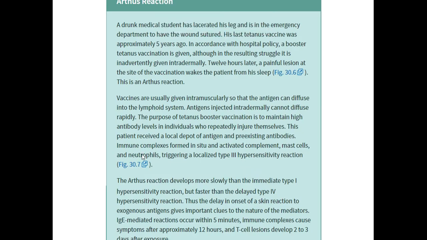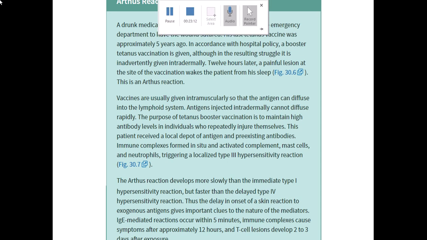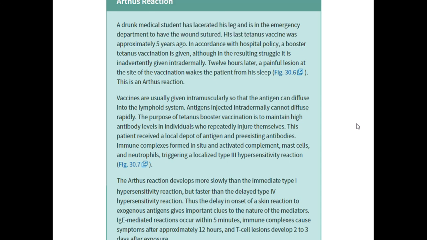So in type 3 hypersensitivity type of reaction where immune complexes could develop, as we said, it is either localized, like in what we call the Arthus type of reaction, or it could be systemic, like in SLE, systemic lupus erythematosus.